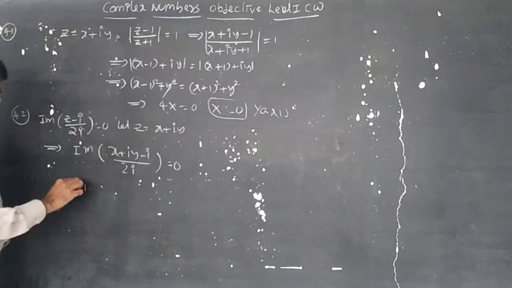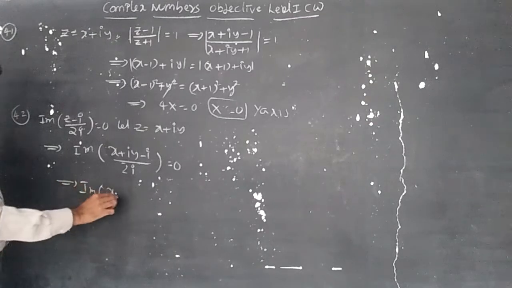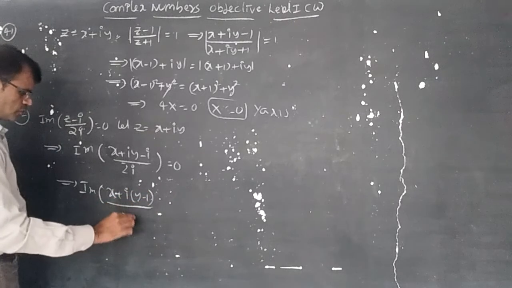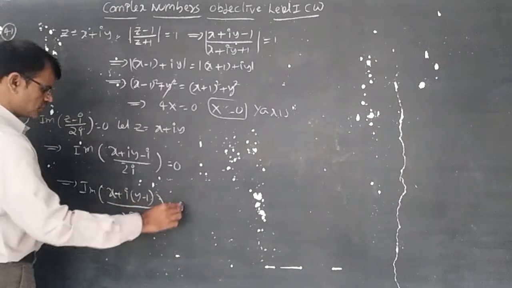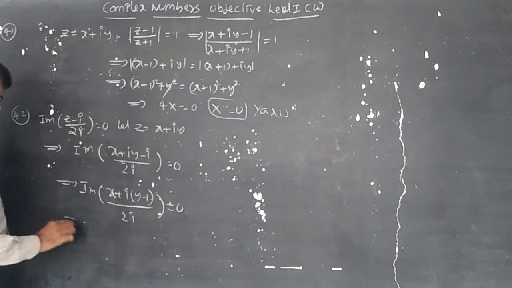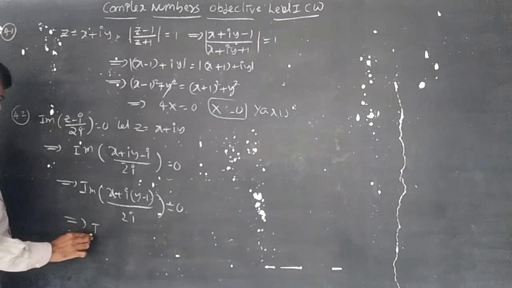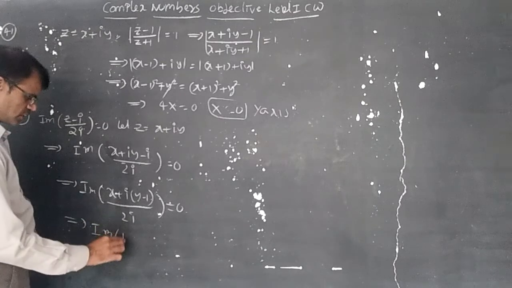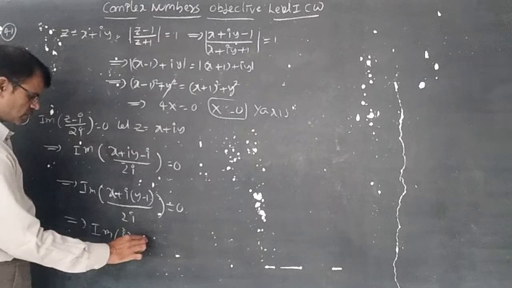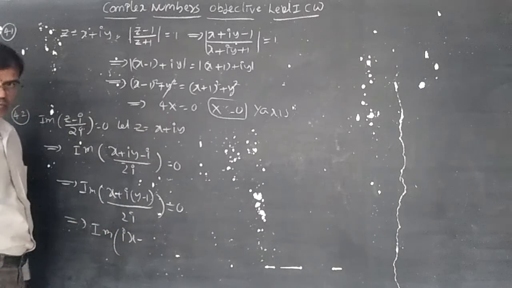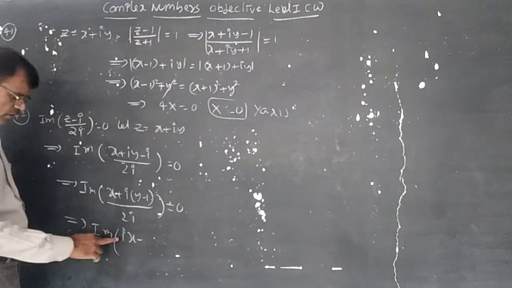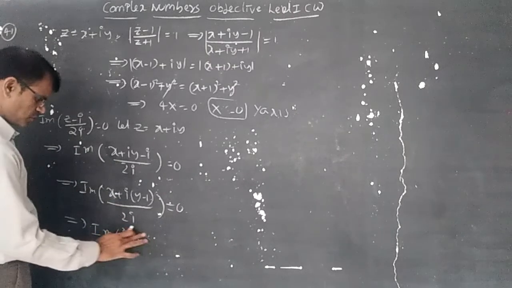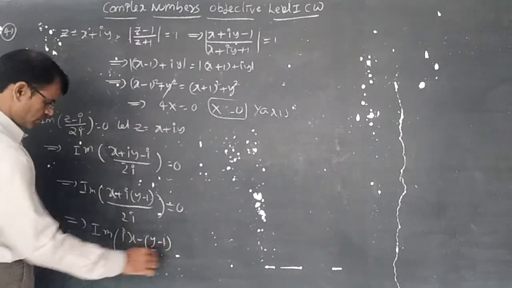Taking i common within the brackets, x plus i(y minus 1) by 2i. Multiply with i in numerator and denominator, taking rationalization. This gives imaginary part of (ix plus i into i(y minus 1)) by 2.